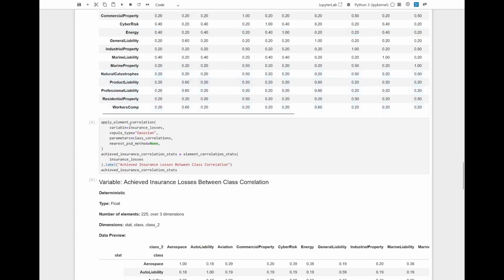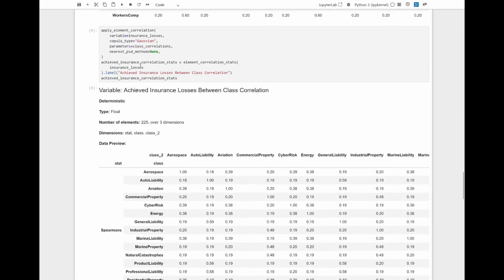So now we want this correlation to apply across these different elements within a single variable. So we're calling the apply element correlation function, applying it to the insurance losses, again doing a Gaussian copula and using these class correlation assumptions. And then we can measure what we've achieved by measuring the correlation stats between the elements using this function.